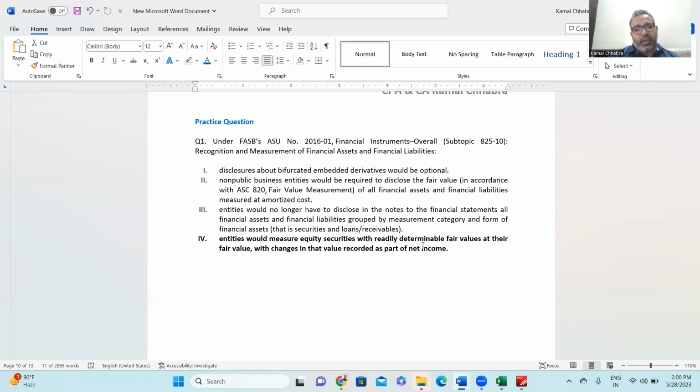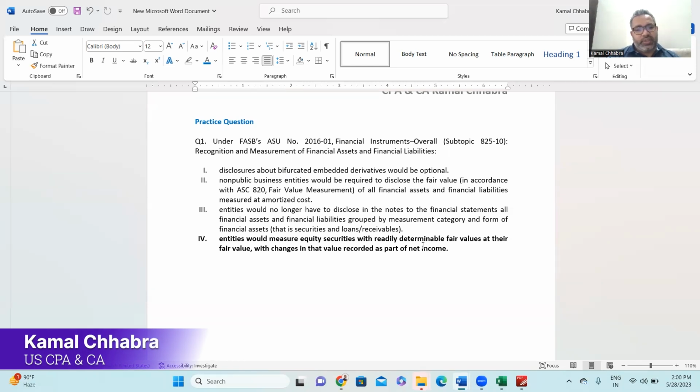Third, the entity would no longer have to disclose in notes to the financial statements all financial assets and liabilities grouped by measurement category and form of financial asset. No, it has to go by category, which is the disclosure category, not the measurement category.